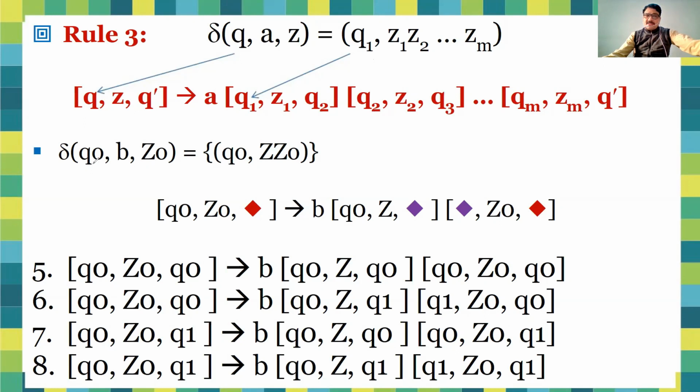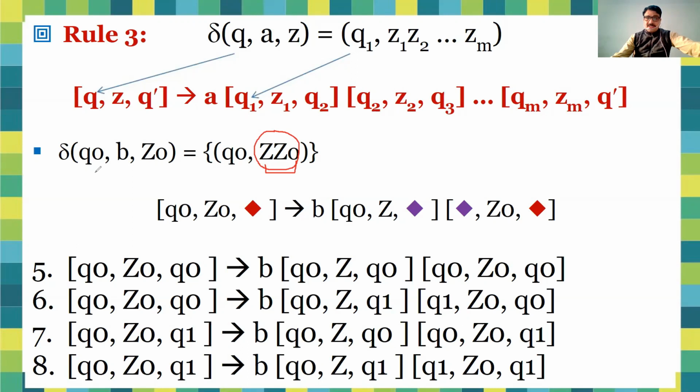Just see here. Suppose this is Q0, b is the symbol that you are reading from the input tape, and Z0 is the stack symbol. Now you are in state Q0 and you are pushing Z Z0 here. So these are the two symbols that you are going to push into the stack. This type of transition function can be written in the form of a production rule in this way.